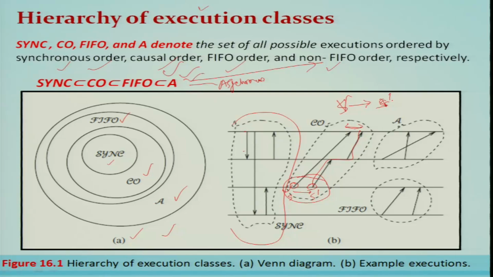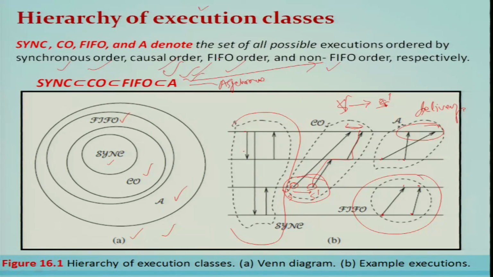In FIFO we can see that the order in which these messages are sent, the same order is preserved at the time of delivery of these messages. Asynchronous doesn't follow any order, so the order at the time of sending these messages is not preserved at the time of delivery. So this gives a hierarchy of these kinds.